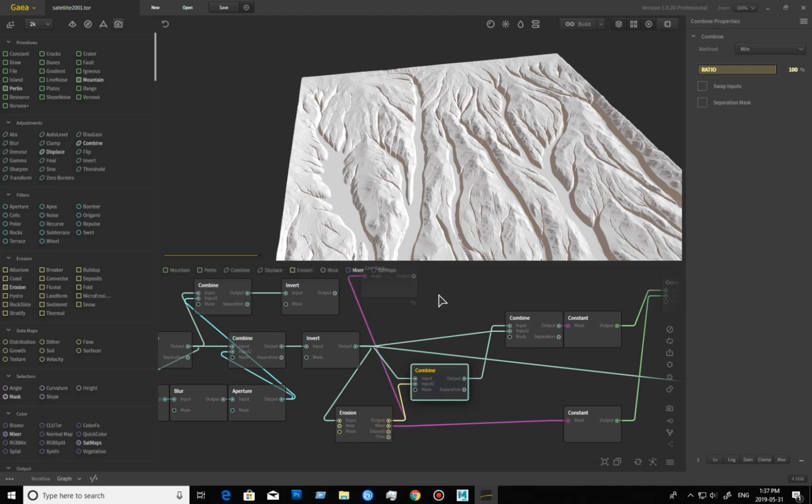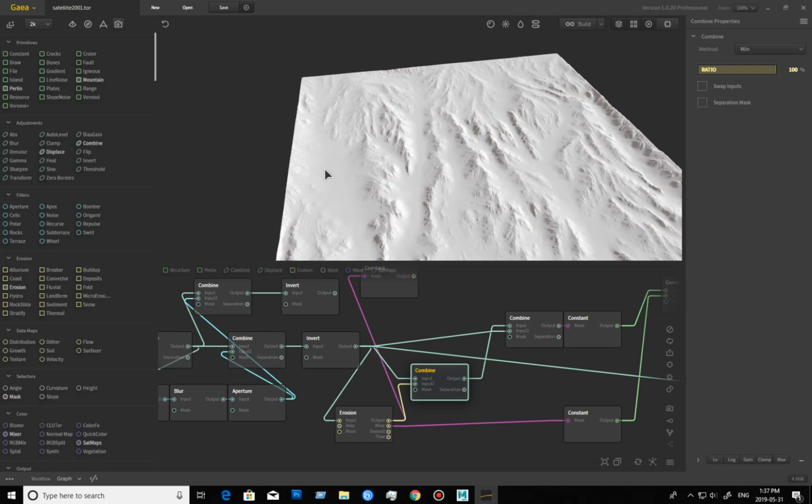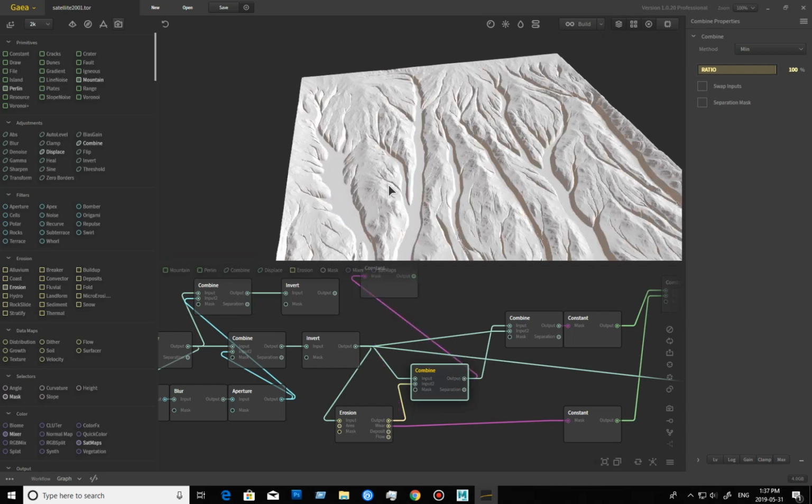So where we had this, right, I lost all those grooves, those interior sections. So doing a min keeps those formations at the top there, but carves back in that empty space that I wanted to keep. So I get some of the volume back.